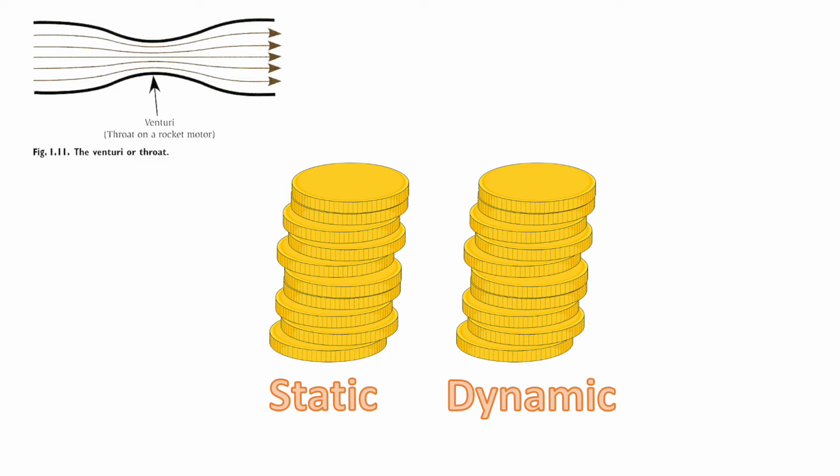The total pressure remains the same all the way through the Venturi. So, as the fluid goes into the Venturi at the beginning, it's going a certain speed, and we're going to represent that with the static and the dynamic pressure being about the same, so they each get the same number of coins. When the air gets to the middle of the Venturi, though, it speeds up.